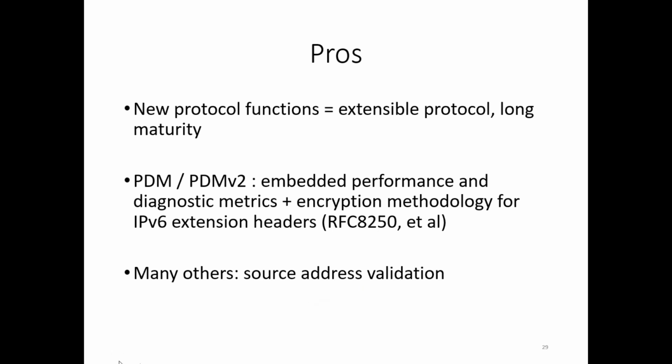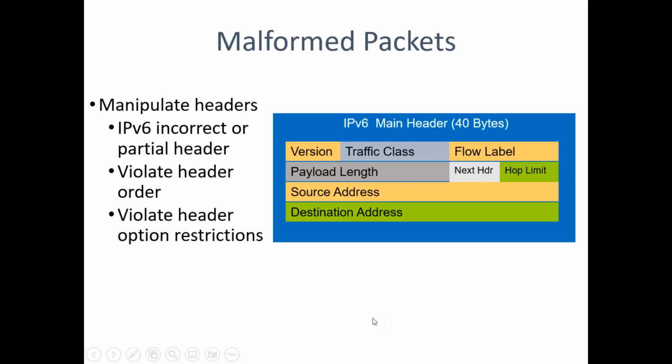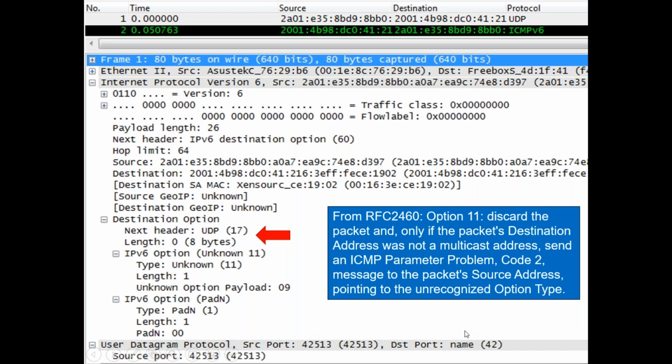So there are many good reasons for this. Again, the unfortunate thing is that you can do many types of malformed packets, and we need to be aware of that. You can do an incorrect or partial header. You can violate the header order, the option restrictions, and again, I have trivially done that.